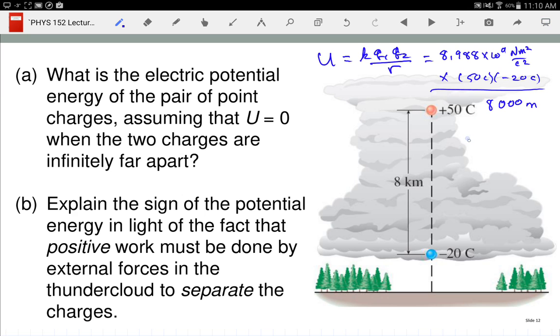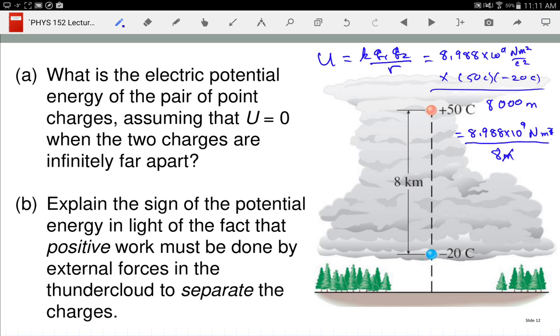So I basically have equals minus 8.988 times 10 to the 9 newton meters squared. And that's really kind of important to have the units right. Notice the coulomb squared already canceled. Divided by 8 meters. Cancel one of those meters. I'm going to have units of newton meters.